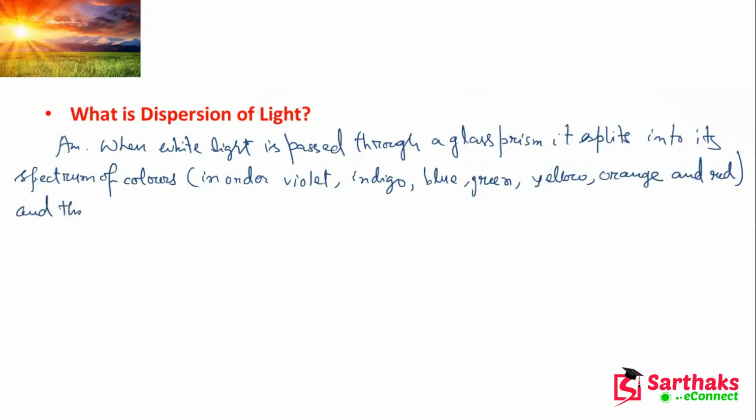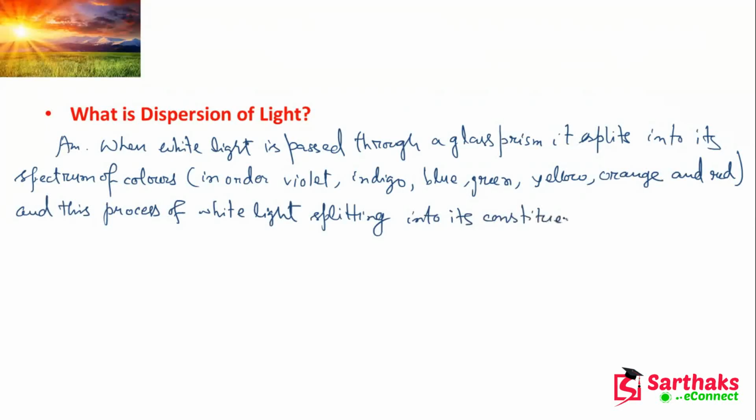This process of white light splitting into its constituent colors is termed dispersion.